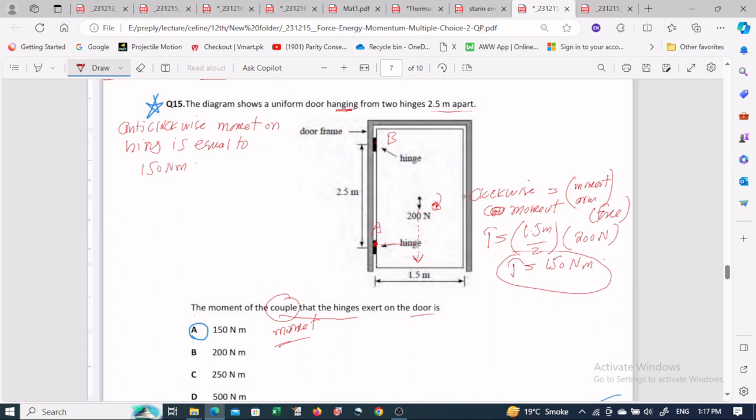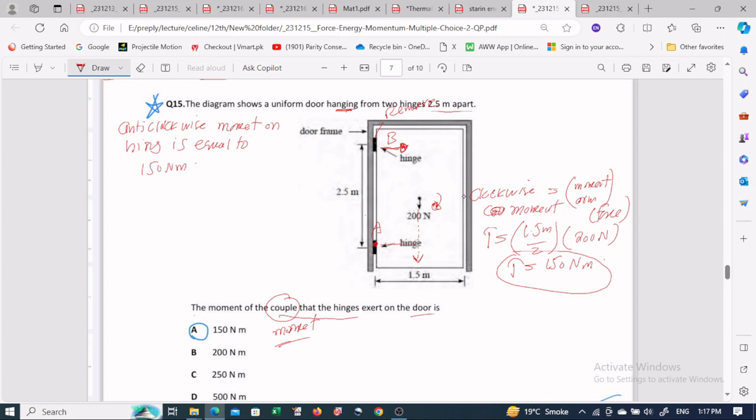For example, if I remove this thing, I see that this hanging door must move in this direction, because the weight pulls it in this direction.